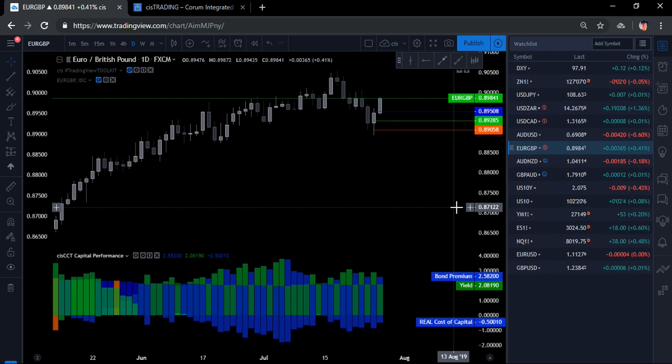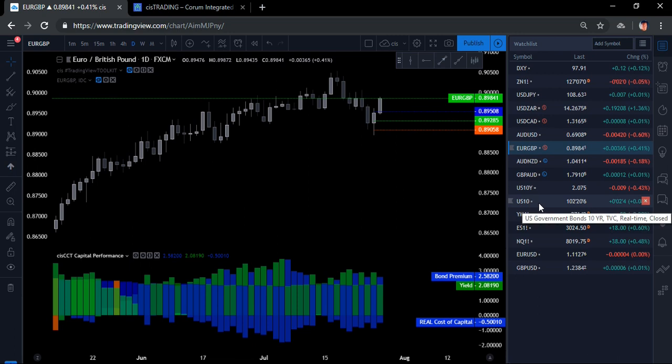So on the right-hand side, what I have highlighted, where my cursor is, is the US 10-year bond trade, and it is at 102.206. All right, and then our US 10-year yield just above it is at 2.075. We're going to say 2.08.